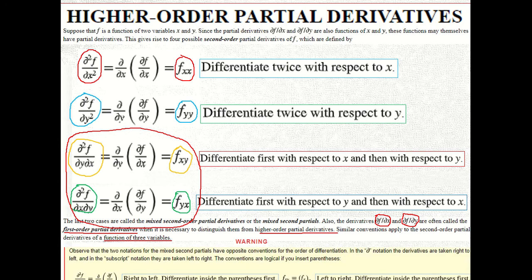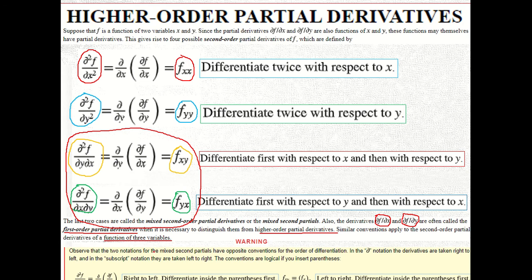So observe that the two notations for the mixed second partials have opposite conventions. You see here, yx then xy, xy, yx. So take note of this.